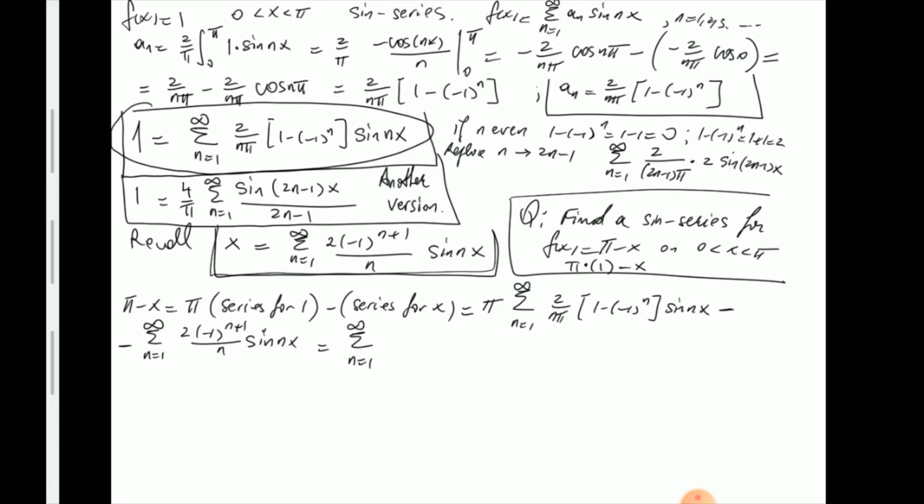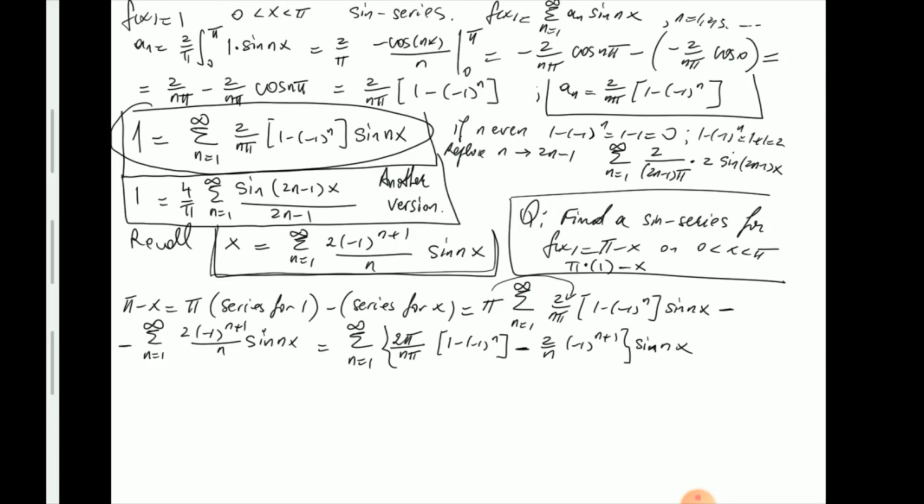So first of all, notice that I can bring pi inside the summation here. So I have 2 pi over n pi times the quantity 1 minus minus 1 to the n, from which I subtract minus 2 over n minus 1 to the n plus 1, sine of nx.